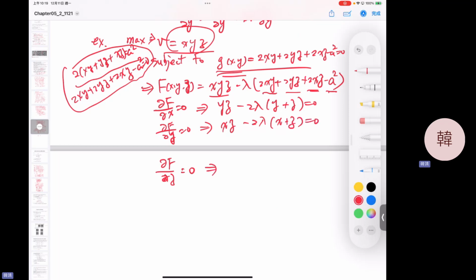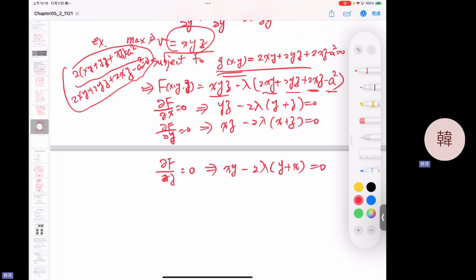And this one, derivative with respect to z: the result is xy minus 2 lambda, and with respect to z only y left here and x left here, equal to 0.